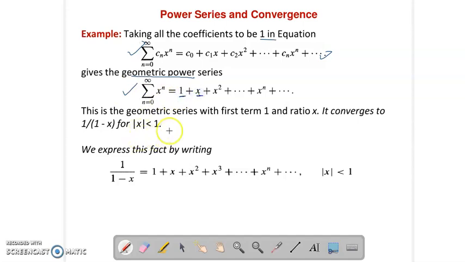It converges to a upon 1 minus r, which is 1 upon 1 minus x, and it converges for mod of x less than 1. So we express this fact by writing that this infinite series is equal to this function 1 upon 1 minus x.